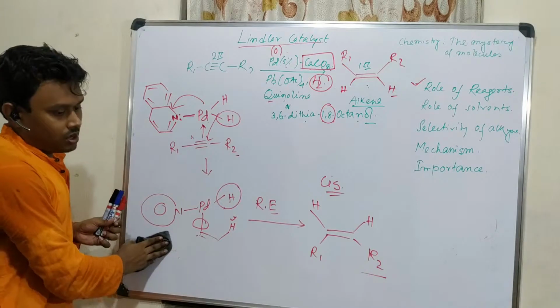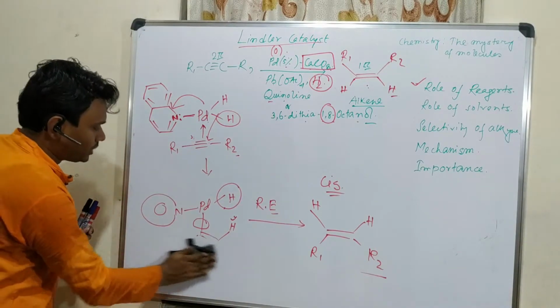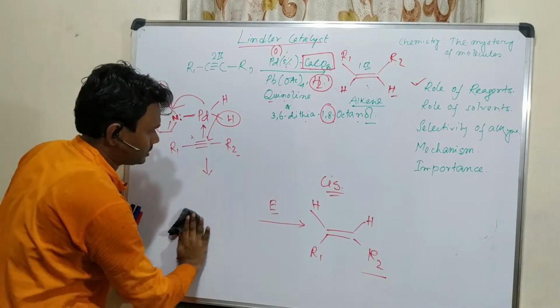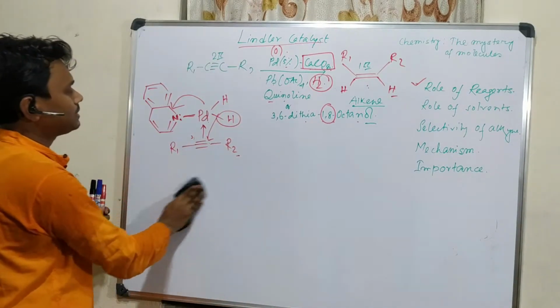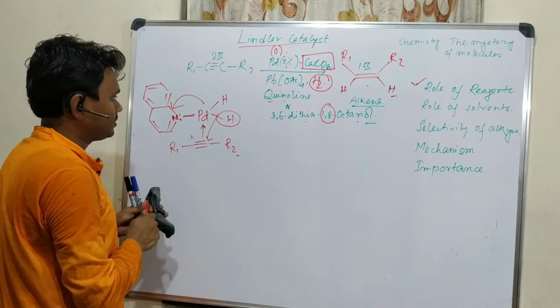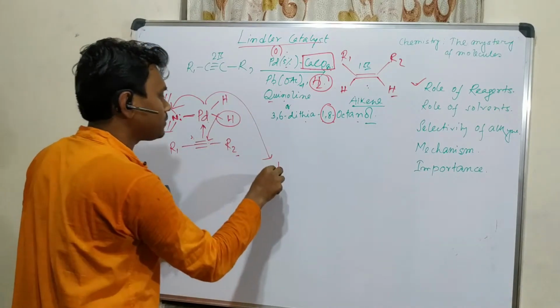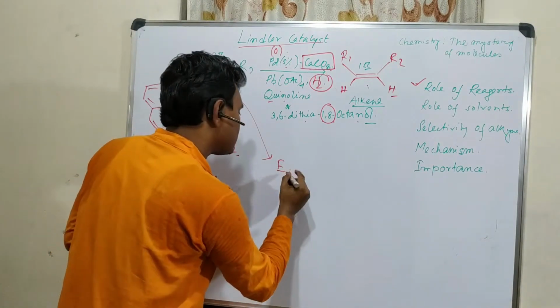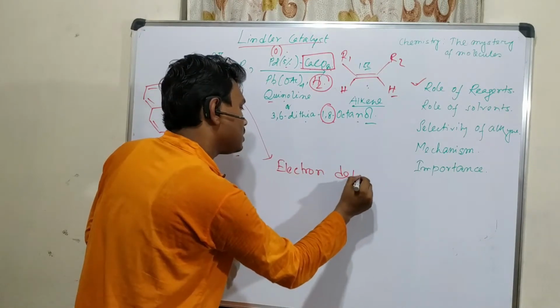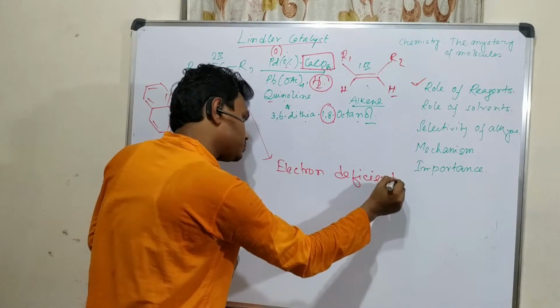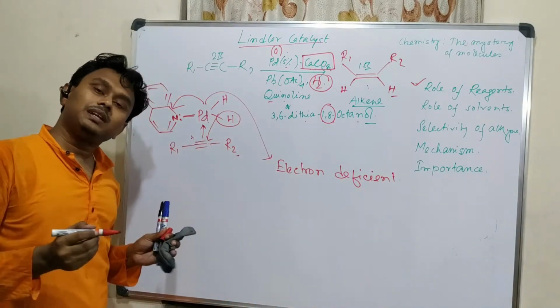Fine. So now the question is variety of substrate. For example, we have observed that this palladium is electron deficient, so it is expected that it will bind with electron rich groups.